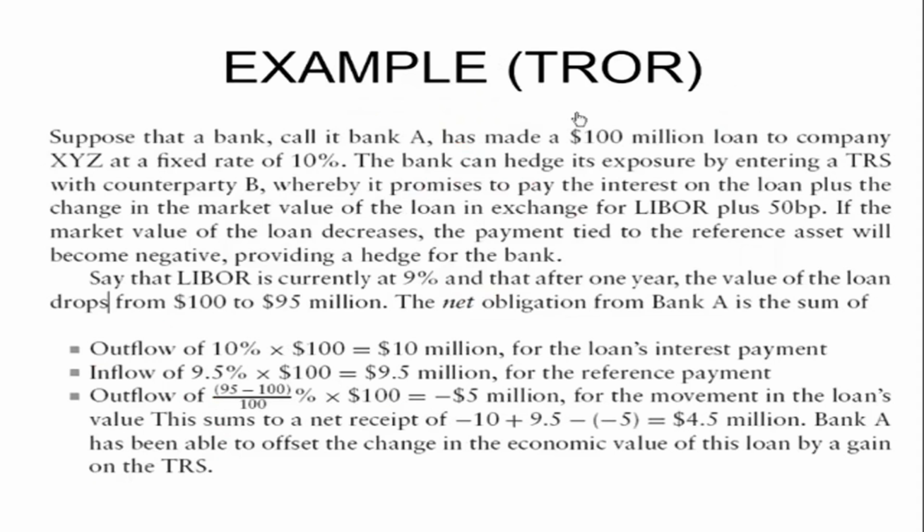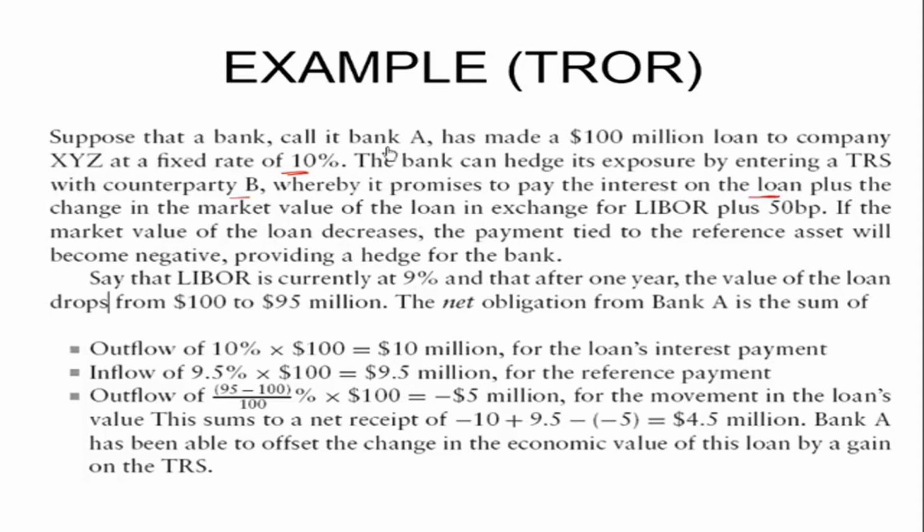Let's understand with an example. So suppose that a bank has made a 100 million loan to a company XYZ at a fixed rate of 10%. The bank can hedge its exposure by entering a total return swap with counterparty B, whereby it promises to pay the interest on the loan plus the change in market value of the loan.